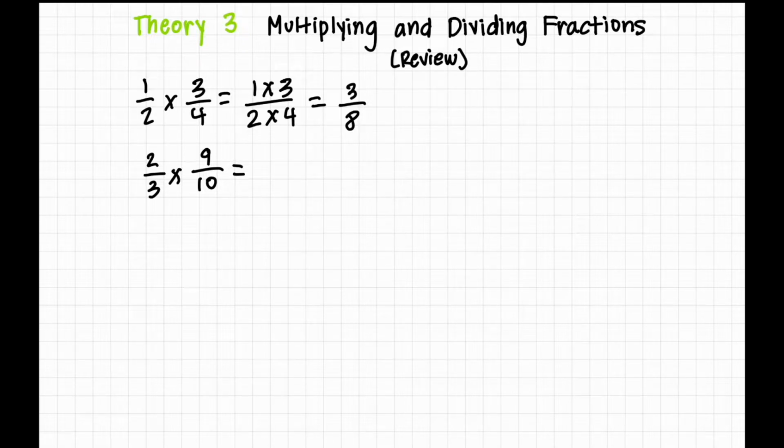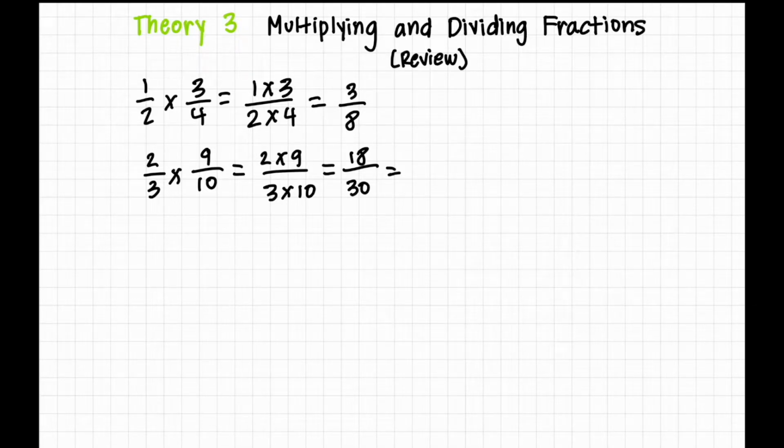So 2 times 9 over 3 times 10. 2 times 9 is 18, and 3 times 10 is 30. Then we can simplify this, right? We can divide the numerator and denominator by the same thing, and it'll keep the fraction the same.